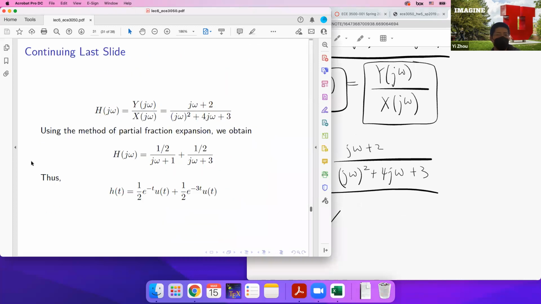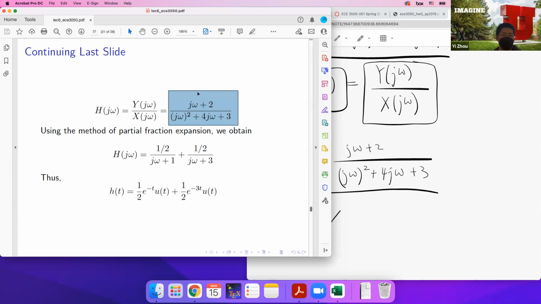How do we do that? Again, we do a standard partial fraction expansion, because this spectrum is given in a very complex form. It's a very big fraction. We will talk about this later in the following slides if you are not familiar with partial fraction expansion.